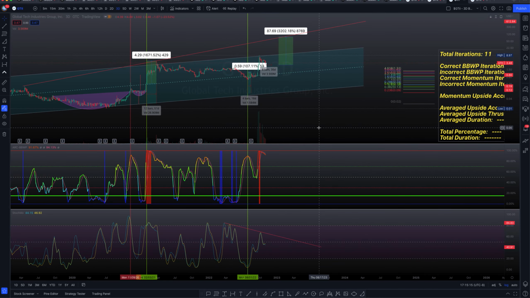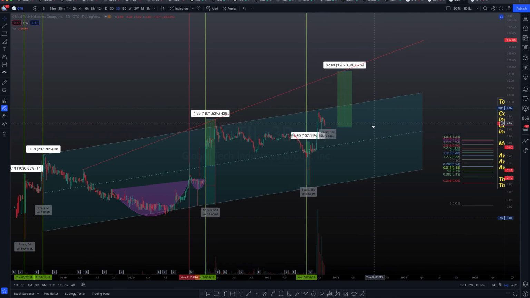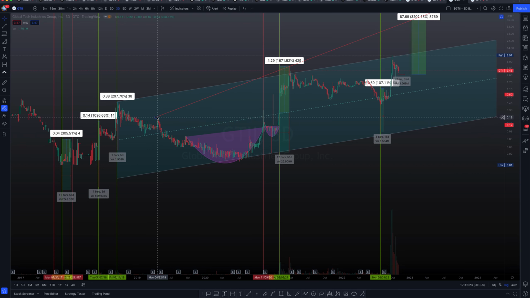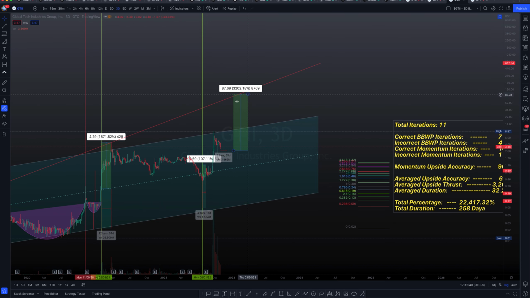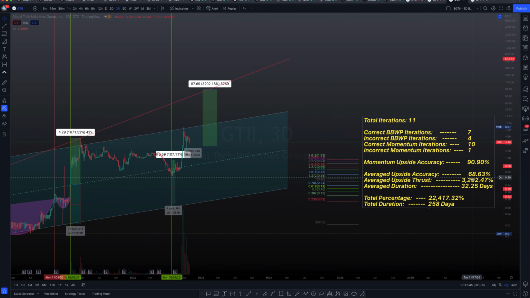Okay, so now what I mean by interesting is this, you guys. If we take a trend line from the wick high of April 22nd, 2019, and we use this wick high of March 31st, 2021, we can see that we have an uptrend right over here, and this is our 3,202% upside thrust over the span of about 35 days. 35 days would be right about here if we measure it, you guys.